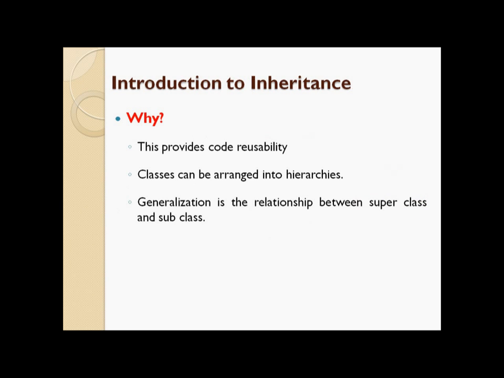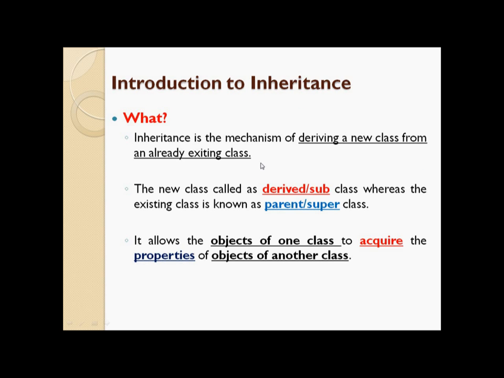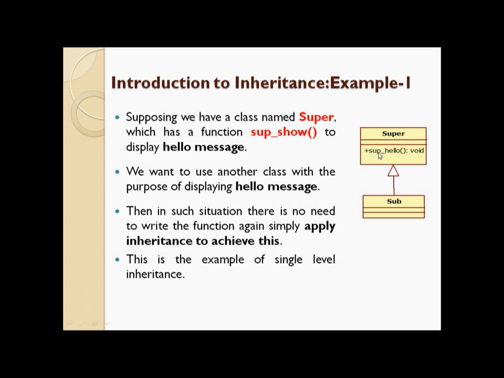Now, this slide will give you the idea of the purpose of applying inheritance. So, the first point says that this provides code reusability. You can see in the example that the purpose of this function is to display a hello message, and the same thing we want to achieve in class sub. So by declaring the object of the subclass, we can acquire this feature which is given with class super.